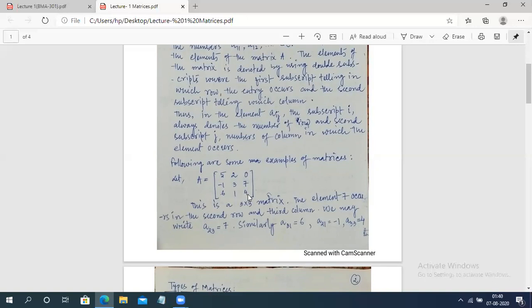Similarly, this is the third row, third column, so 4 will be A33. So A11, A12, A13, A21, A22, A23, A31, A32, A33.